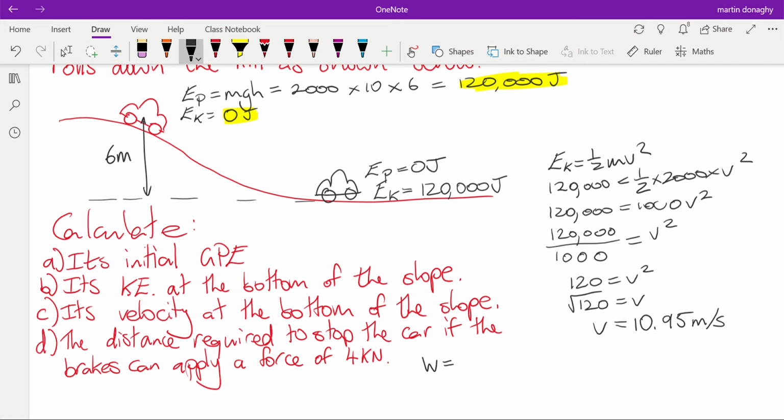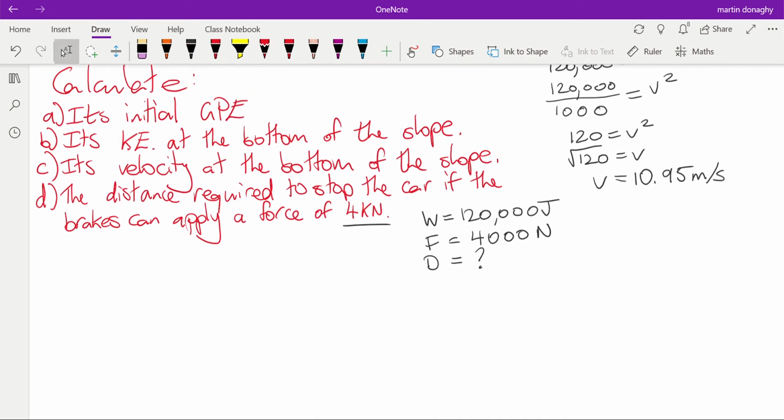So we can say that the work done here needs to be 120,000 joules. We know that the force we can apply is 4 kilonewtons, which is just 4,000 newtons, and we're trying to find a distance. Okay, so we're going to use our work done equation.